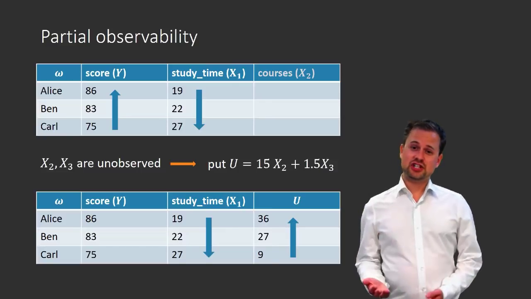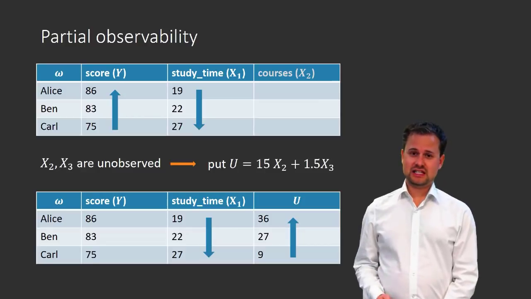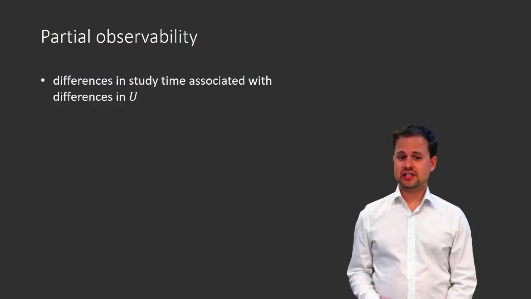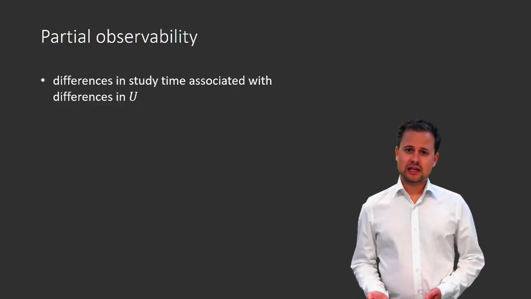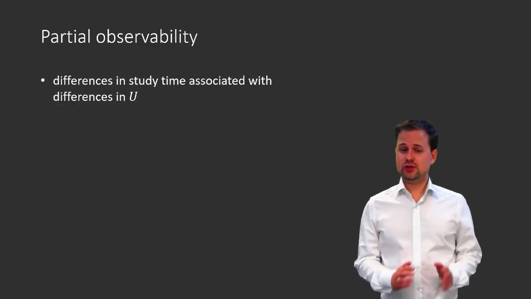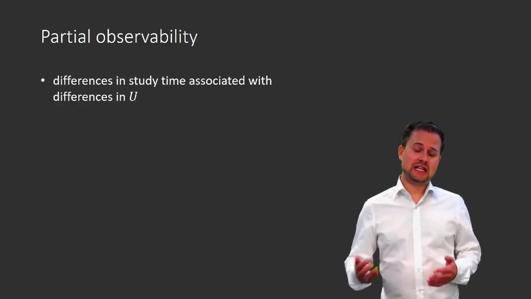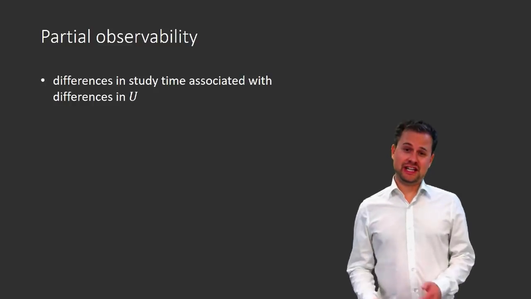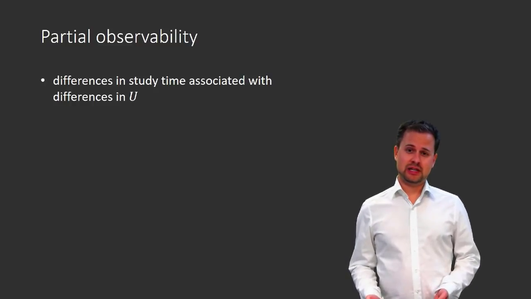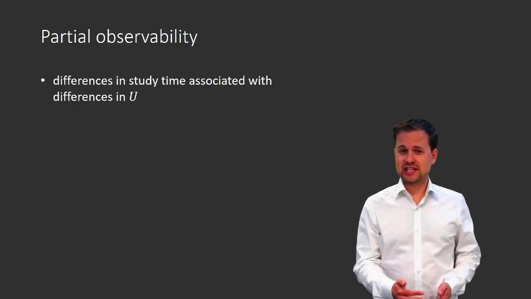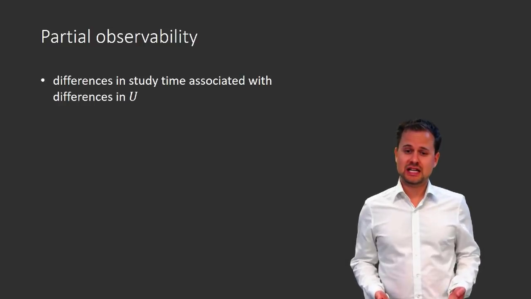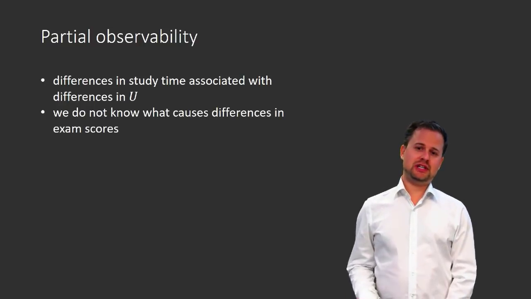So there is an association between differences in study time and differences in u. So if we see 2 students with different amounts of study hours, they will also be different in their unobserved attributes. Now, if these 2 students end up having different exam results, we don't know how to explain that.